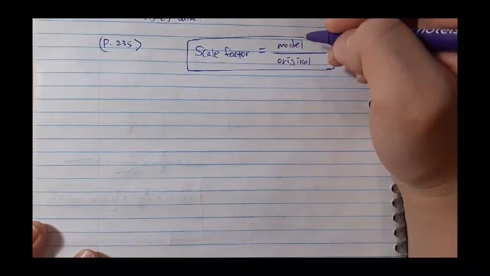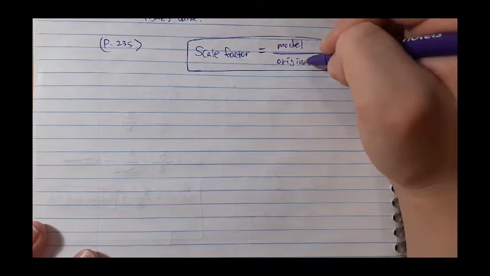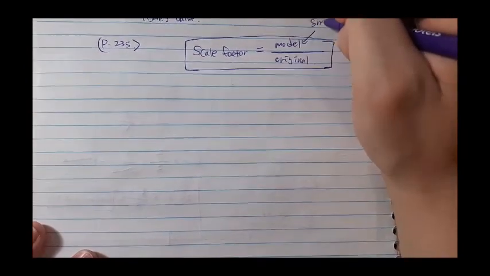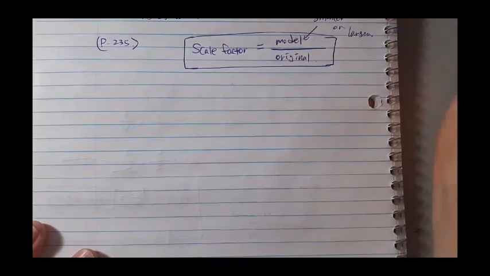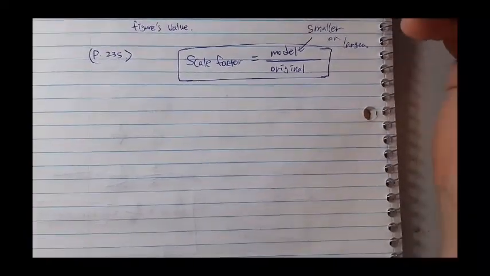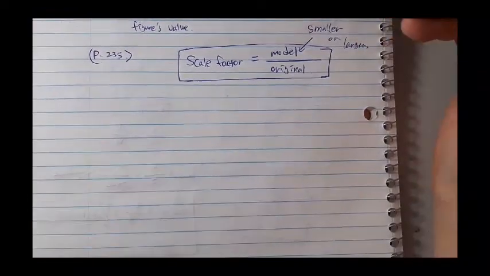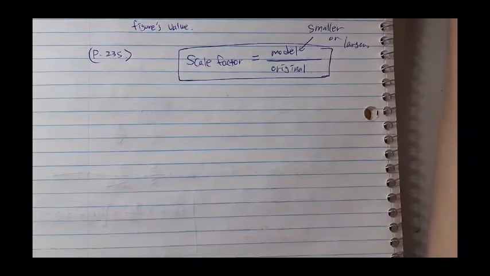Think about this as either smaller than original or larger than original, because a scale diagram is one of those methods to draw something that is original into a smaller size or larger size, but without damaging this ratio. So let's go with the first situation.